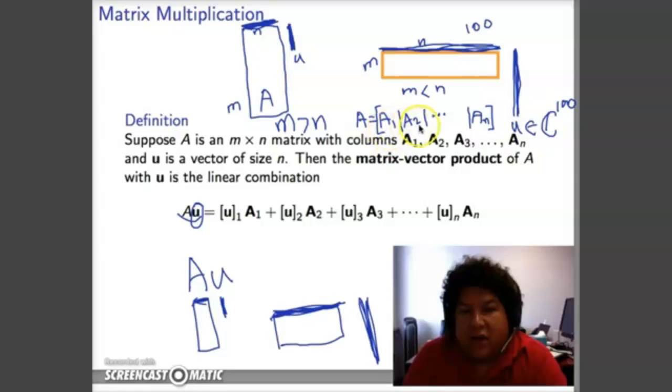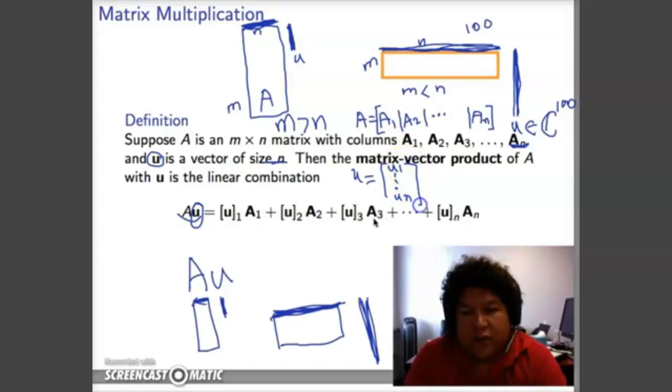Those are the columns of this matrix A. There are n of these columns, and this vector u has n entries, so we're assuming u has entries u sub 1 all the way through u sub n.